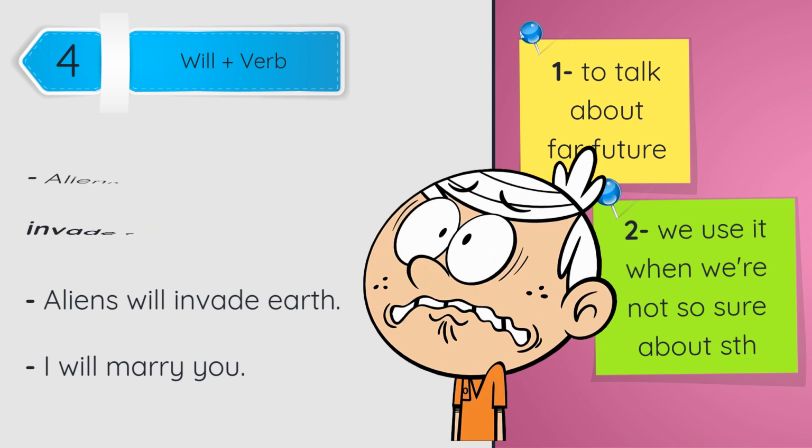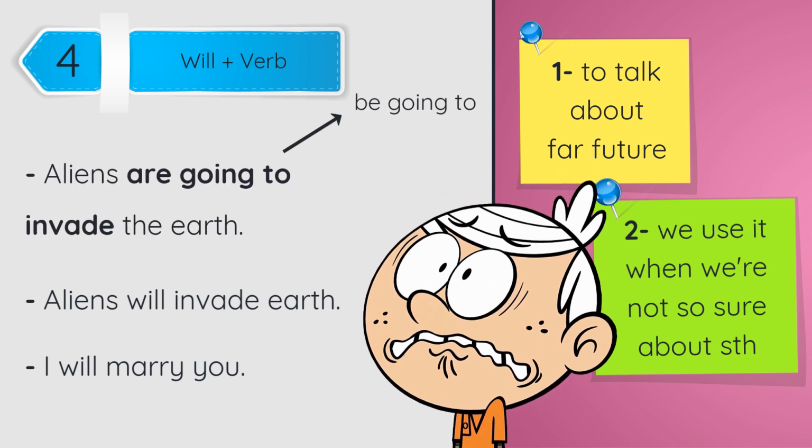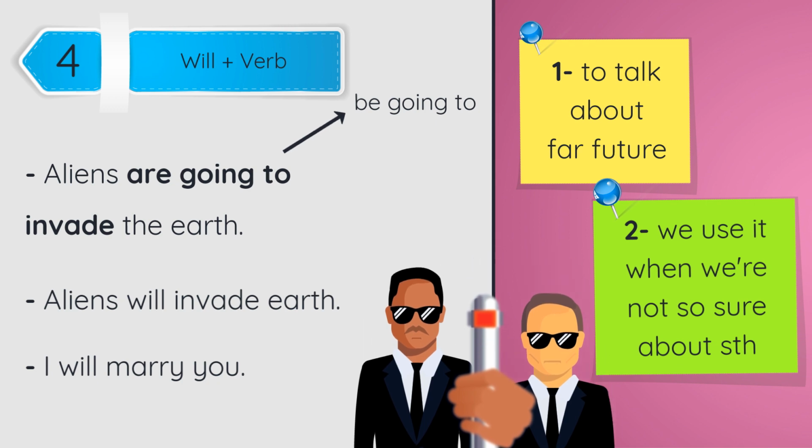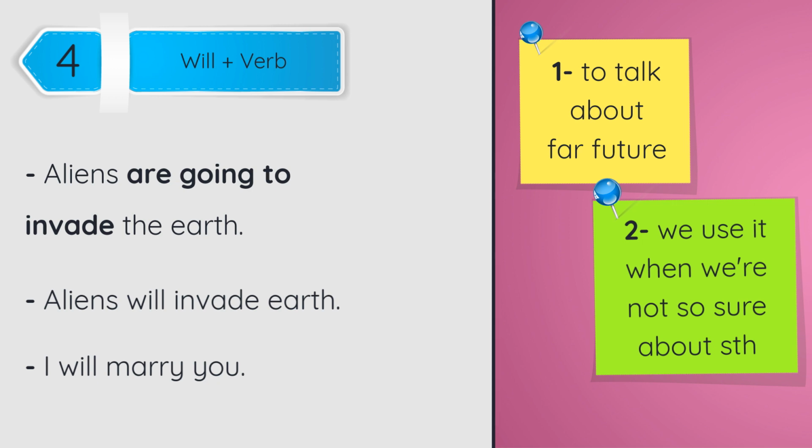If I said, aliens are going to invade the Earth, I know this. I have secret government documents. I'd be using be going to, and you'd be scared too. But with will, it's will, so you don't have to be scared. It might not happen.